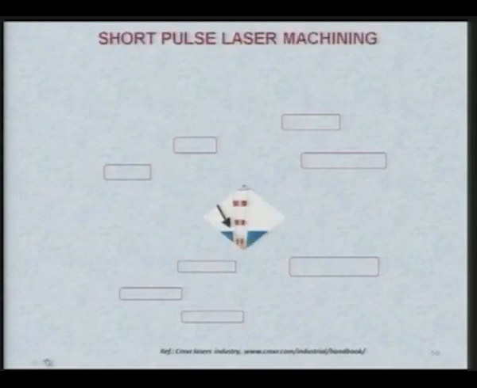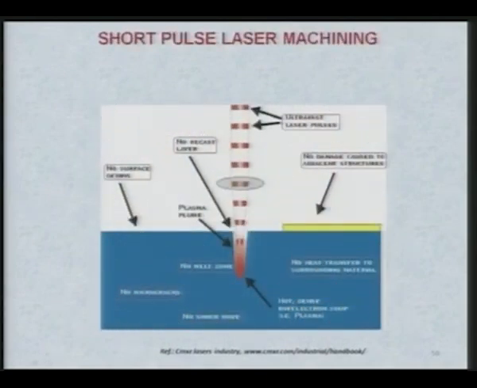Now, if we go for a short pulse laser micromachining, whatever disadvantages or demerits we saw in case of long pulse laser beam machining, they are not seen over here. You can see that there is no damage caused to the adjacent structure over here. Second thing, ultra fast laser pulses are shown over here.